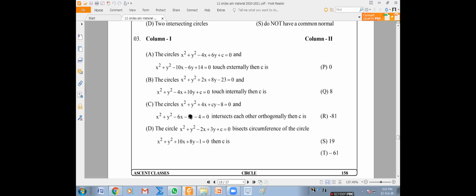Okay, these are touching internally, externally. For that kind you can use C1C2 equal to R1 plus R2 and all those conditions only.